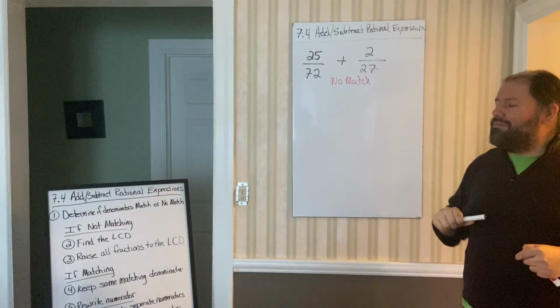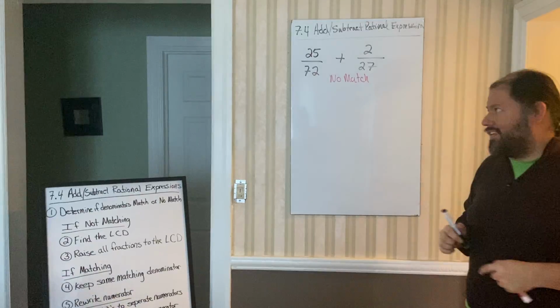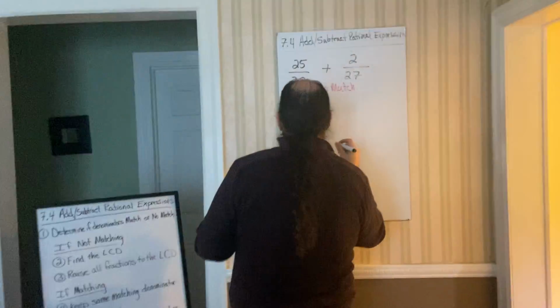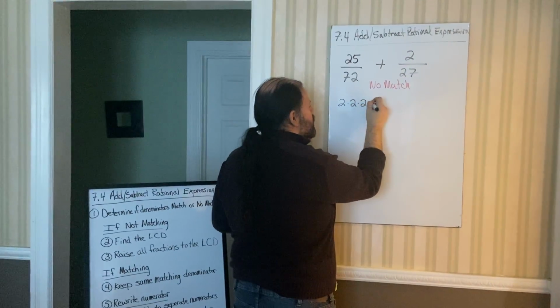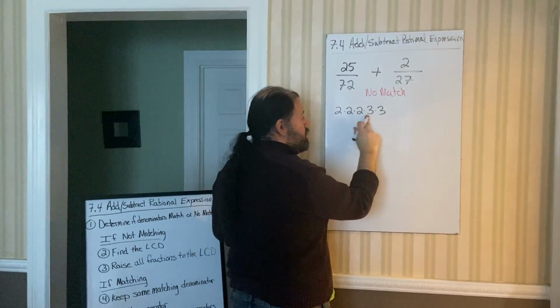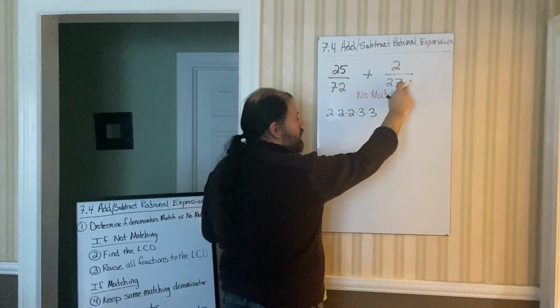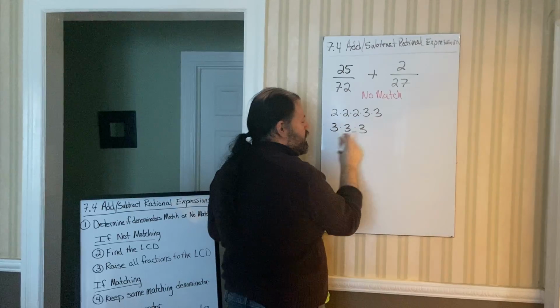If these are monomials, you need to factor them out completely using a tree diagram. So most of you know that 72 is 2 times 2 times 2 times 3 times 3. That's 8 times 9. 8 breaks down as three 2s, 9 breaks down as two 3s. And 27 is 3 times 3 times 3.